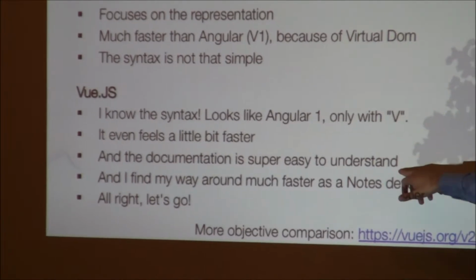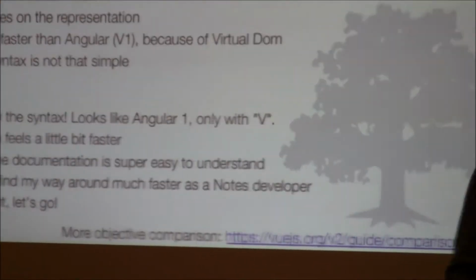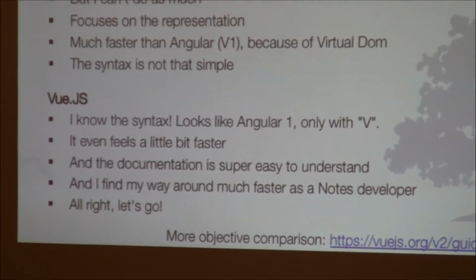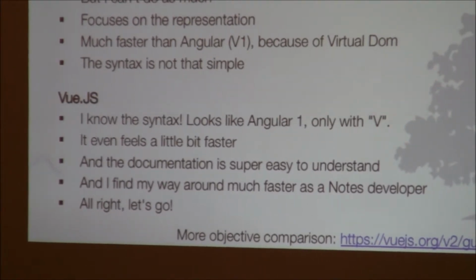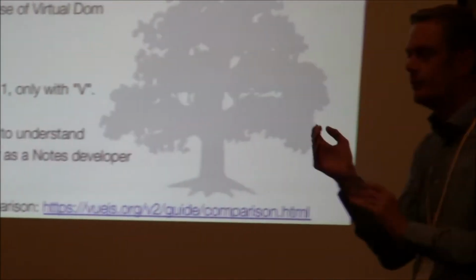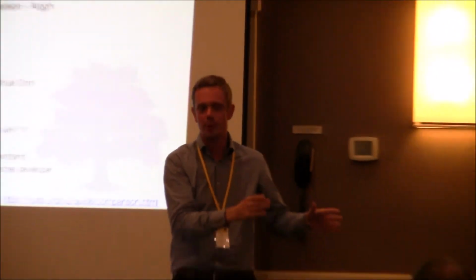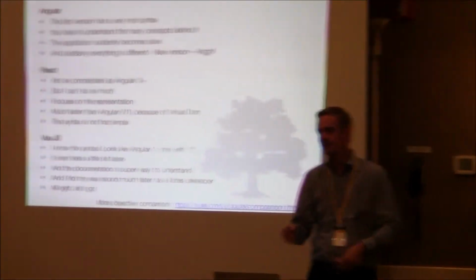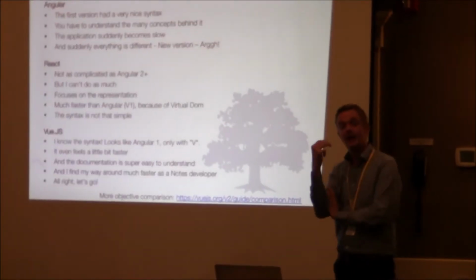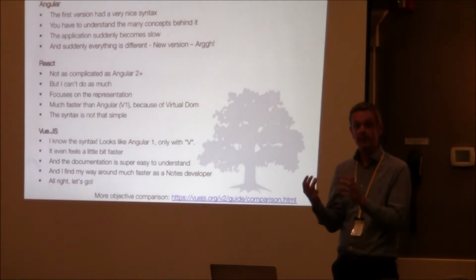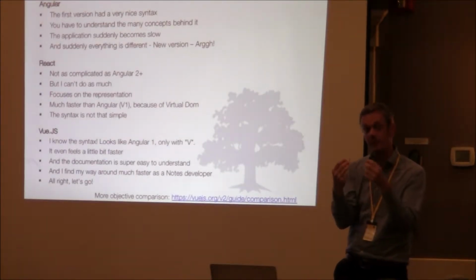And the documentation is super easy to understand. I've never seen any help that was as good as this one. If you go to the help on the Vue.js site, you don't even need an additional book. You go to the help, they explain what they are doing. Afterwards, they have an example, a simple example showing especially what they explained before.